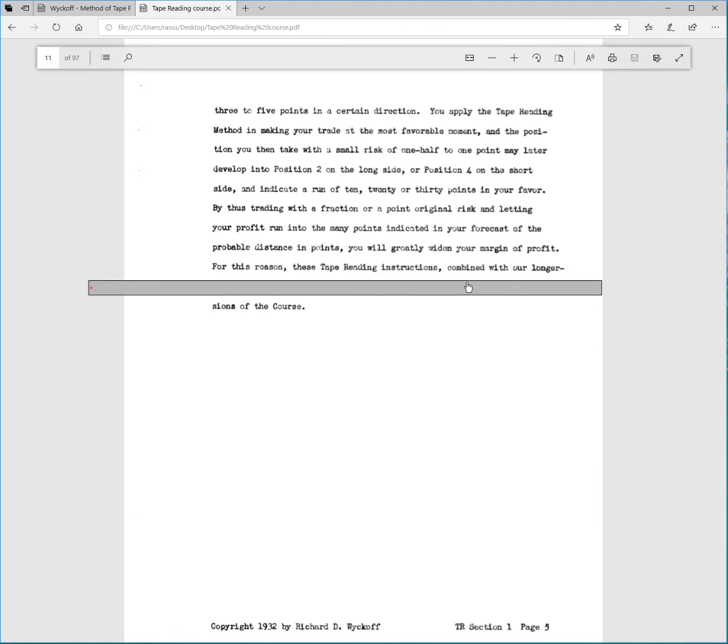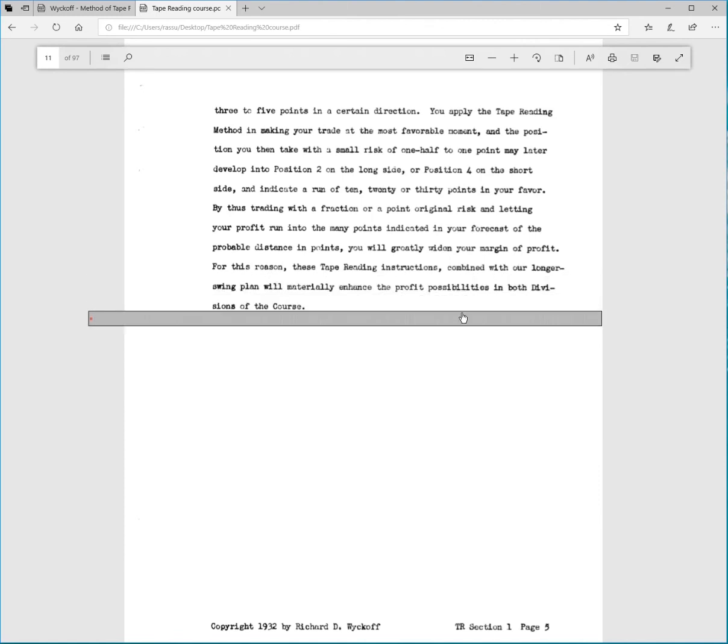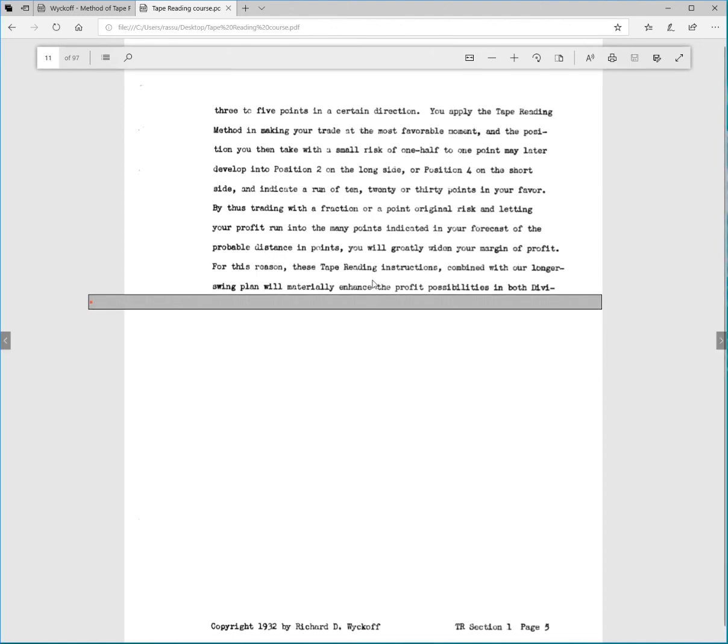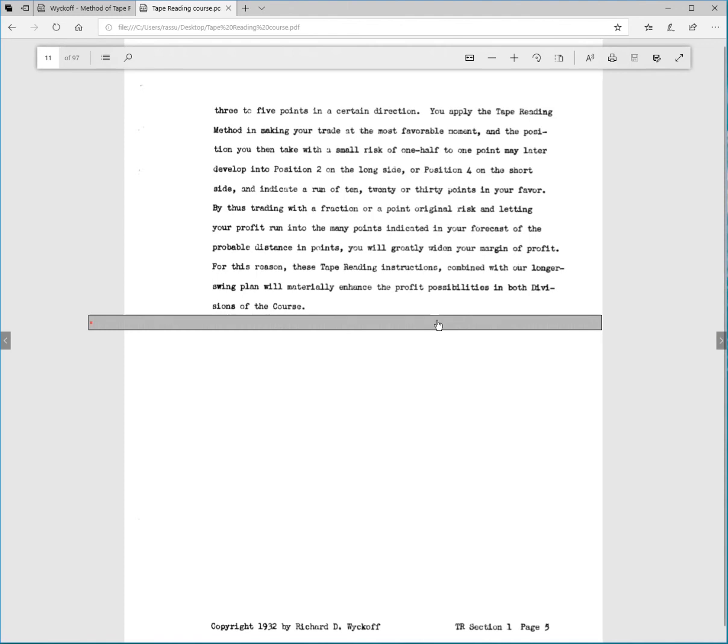For this reason, the tape reading instruction combined with our longer swing plan will materially enhance the profit possibilities in both divisions of the course. Okay, what does that mean? It means what it says.